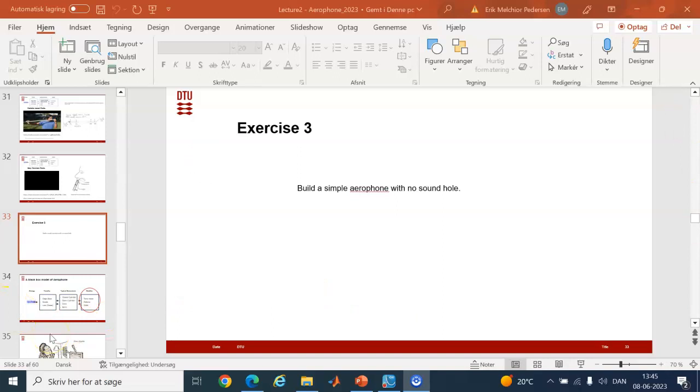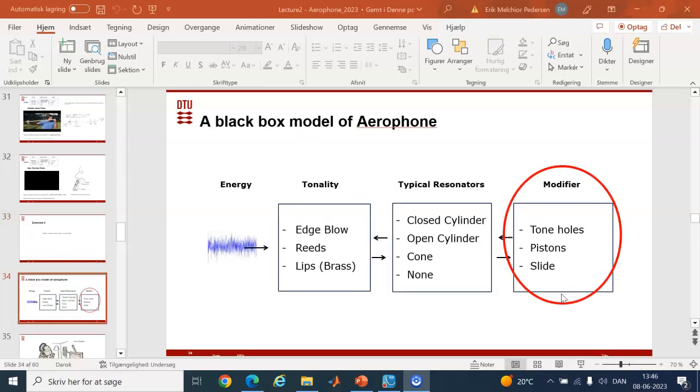Okay, I will use my flute. Of course, there are sound holes in the flute, but aerophone with no sound holes, it's just a simple one. Yeah, it's more fun with a flute.